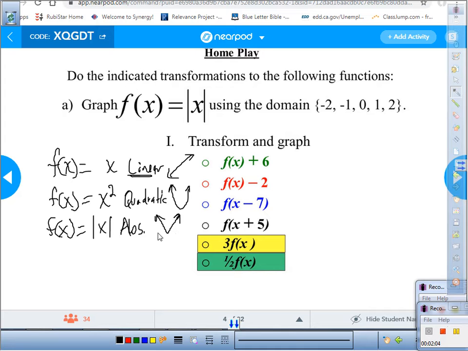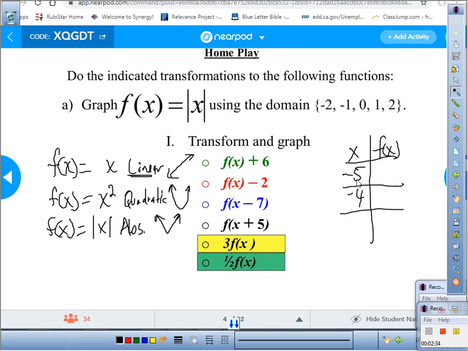Okay? Now, let me elaborate as to why it becomes a V. Remember when we did absolute value one variable equations that you needed to do one negative and one positive. Remember that? So that means we had answers on both sides of the number line. So therefore, if I gave you the table x, f of x, and I gave you the value -5 and -4. What is the absolute value of -5? 5, and the absolute value of -4? 4.